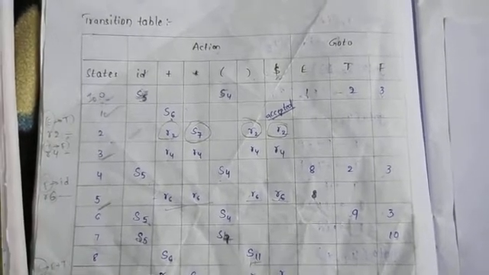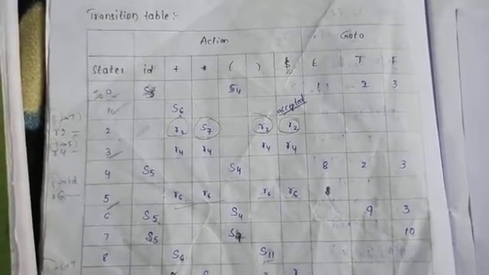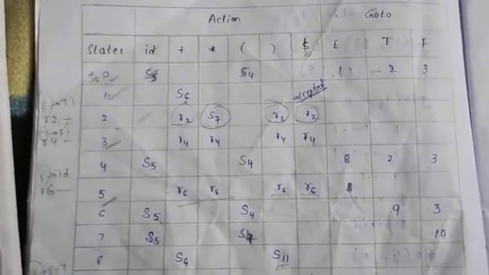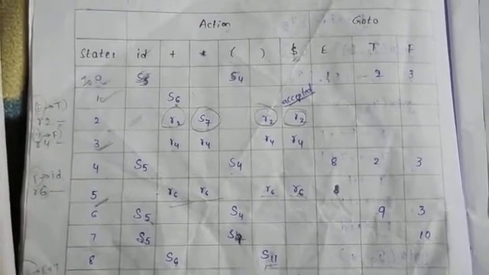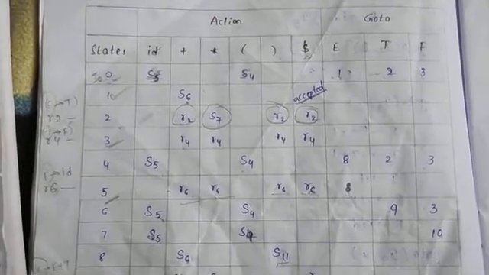Why? Because the dot has reached the final element at that state, so on that state we place the reduction. Here R is reduction and S is shift.